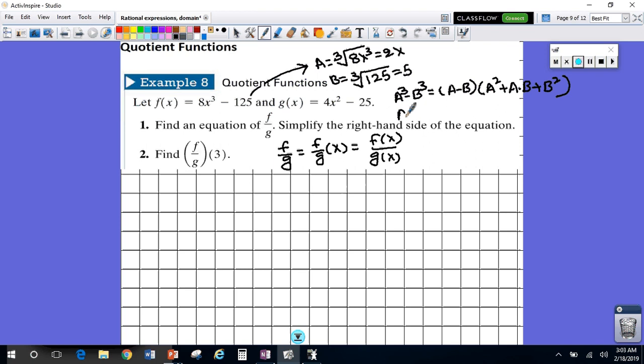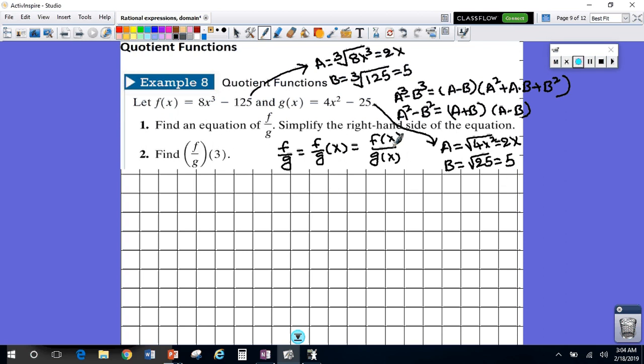This is a square minus b square. That one we know already, right? a plus b times a minus b. So I'm keeping an arrow over here. What's your a? It is the square root of 4x square, which is 2x, and b equals the square root of 25, which equals 5.